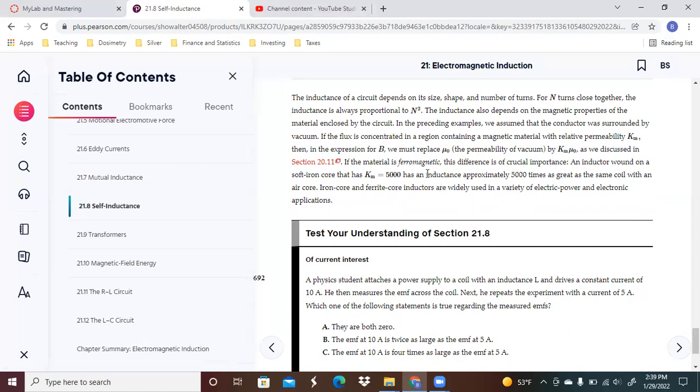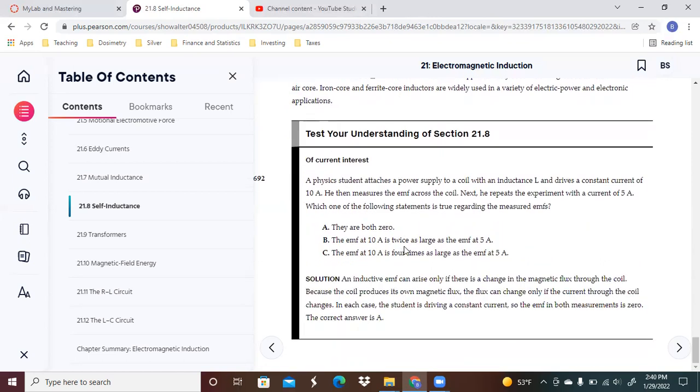An inductor wound on a soft iron core that has K equal to 5,000 has an inductance approximately 5,000 times greater than the same coil with an air core. Iron cores and ferrite cores for inductors are widely used in a variety of electric power and electronic applications.